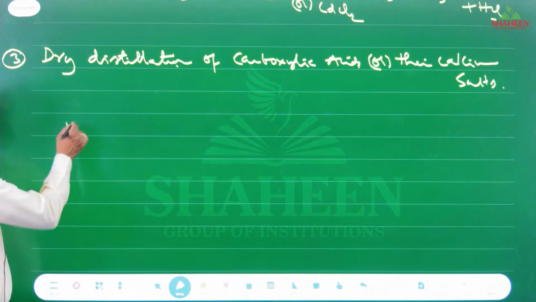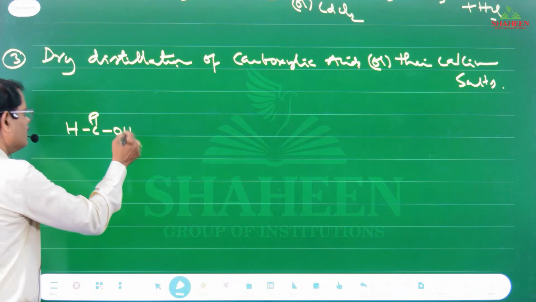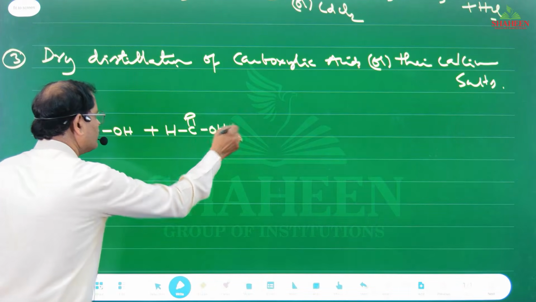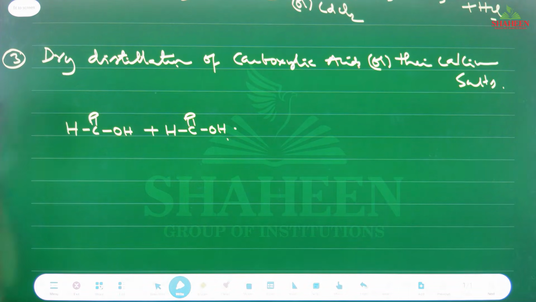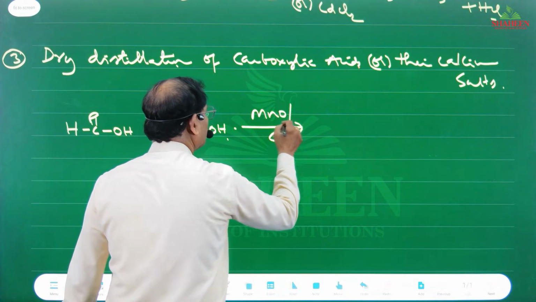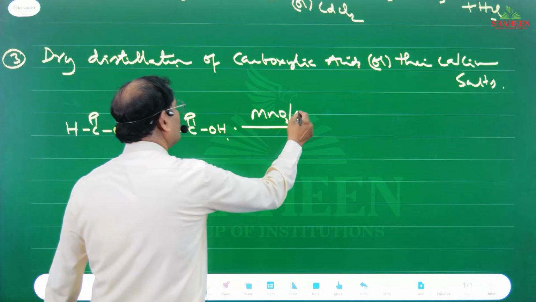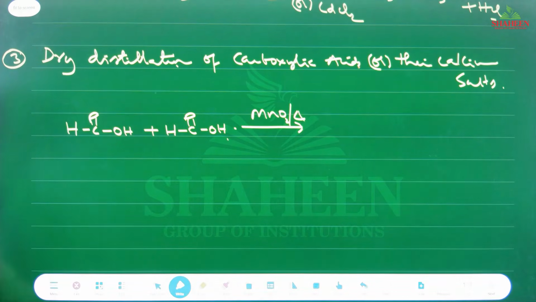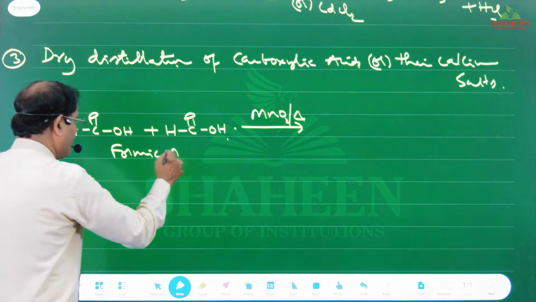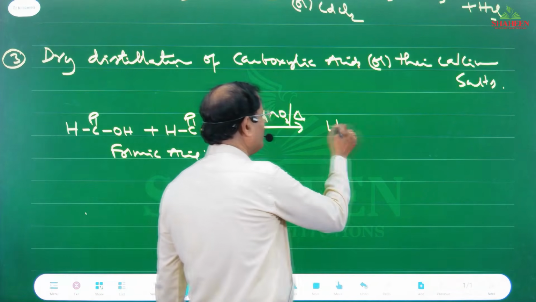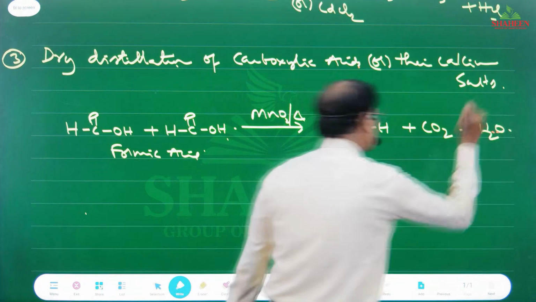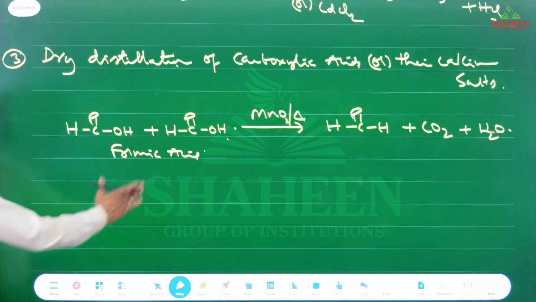Here, formic acid plus formic acid, on heating, generally with manganese dioxide or manganese oxide, both can be used. If we take formic acid, it can give formaldehyde, HCHO plus carbon dioxide plus water.